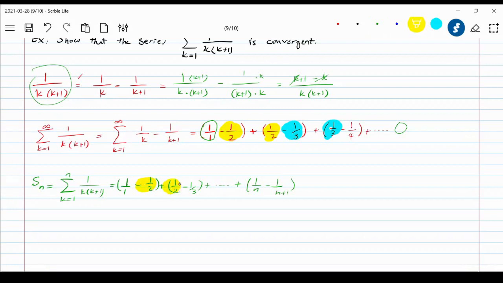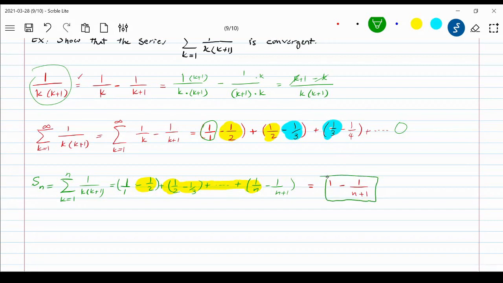This will cancel out with that, this with the next one, and every term cancels with the prior one. All the terms in the middle cancel out. What is left is only the first term, 1 over 1, simply 1, minus the last term, 1 over n plus 1. This is called a telescopic series, basically canceling out the next term.